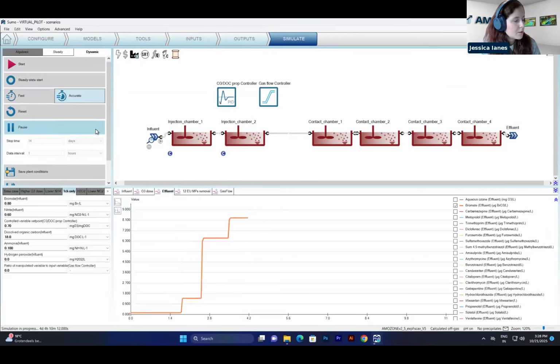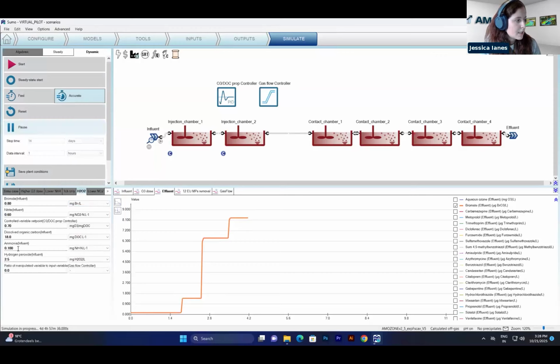So in this situation where you have a very high bromate, you might want to have a mitigation strategy for bromate. That's the case, for example, of dosing hydrogen peroxide.